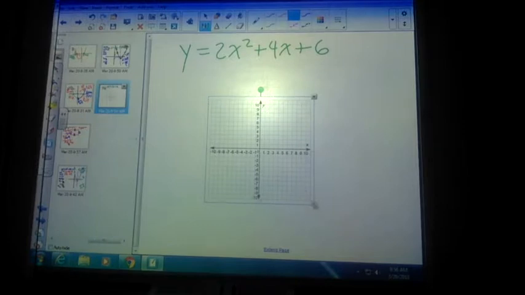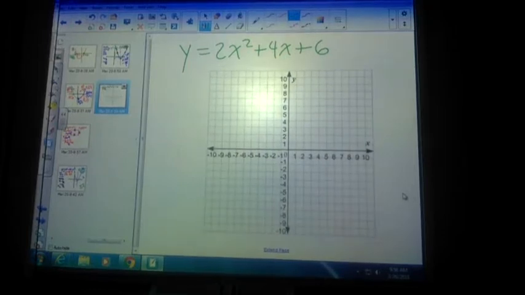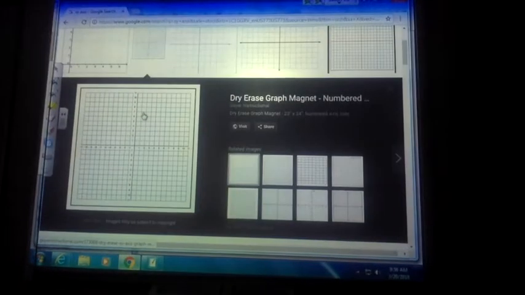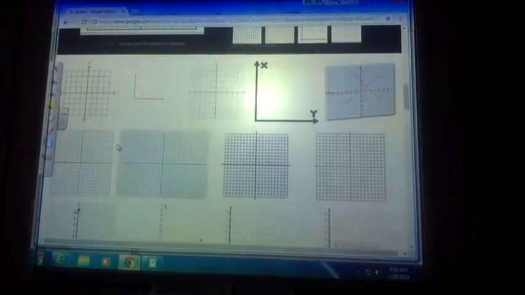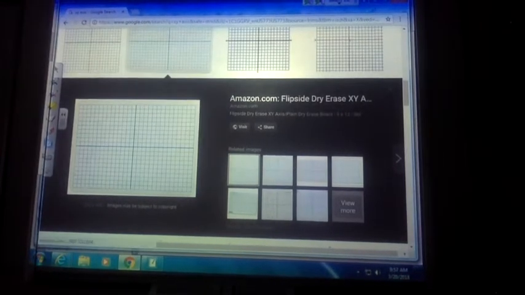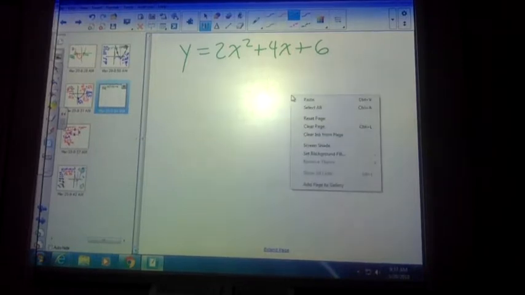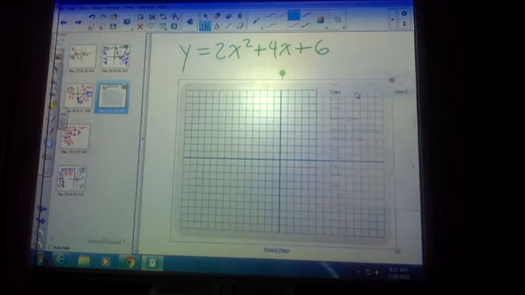Love when things like that work. I don't know if I want to have the numbers on there. I want one that has numbers, and bigger than that. How about that one? Oh yeah. Copy. Delete. Paste. And I'm going to copy that so I can use it again.